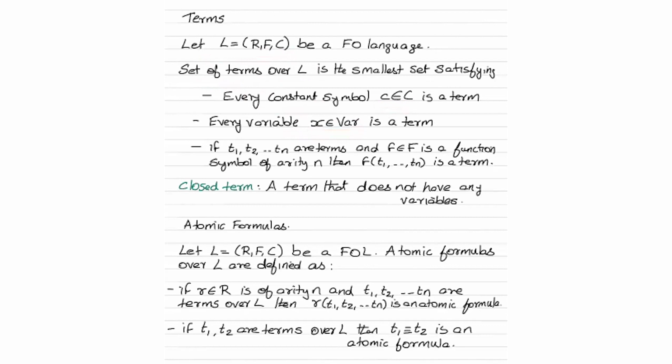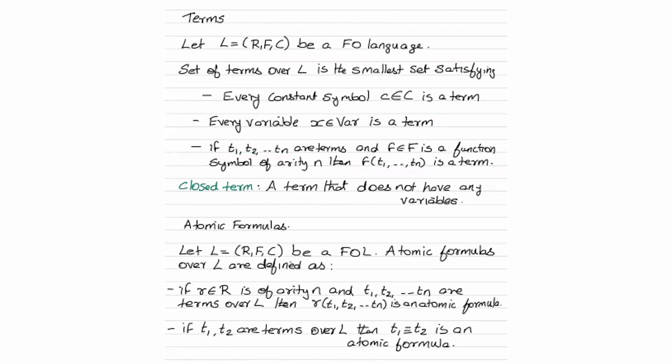So if you have a bunch of terms and a function symbol with arity n, then you can apply the function on these terms, and that is also a term. Again, it might look a bit complicated, but just think of it this way: constant symbols are terms, variables are terms, and function applications are also terms. These define terms.